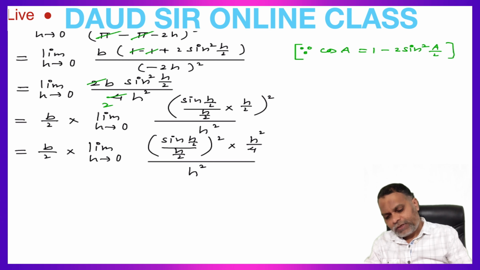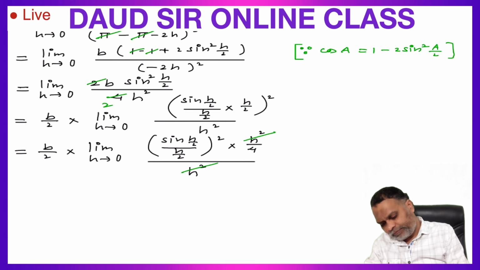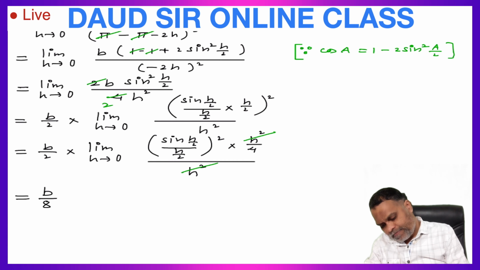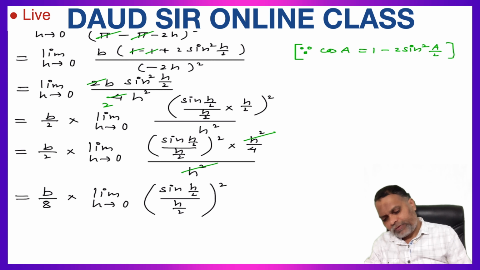Simplify this: h square and h square cancel, this is 1 upon 4. Write this 1 upon 4 outside, so b upon 8 into limit h tends to 0 of (sin h upon 2 upon h upon 2) whole square.